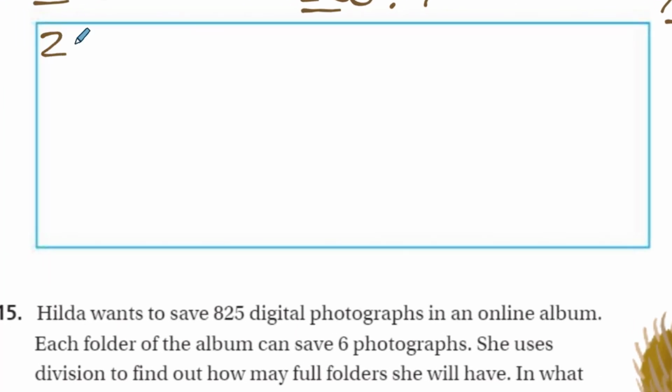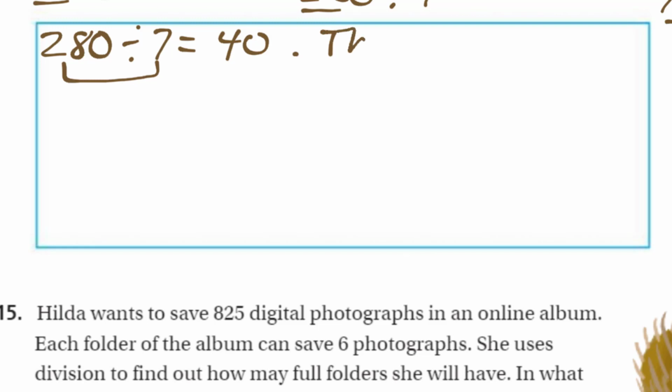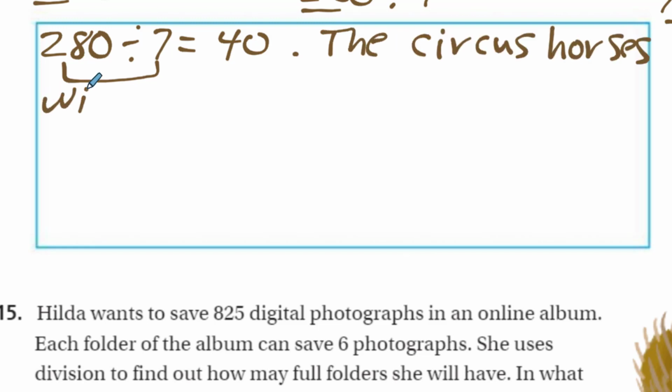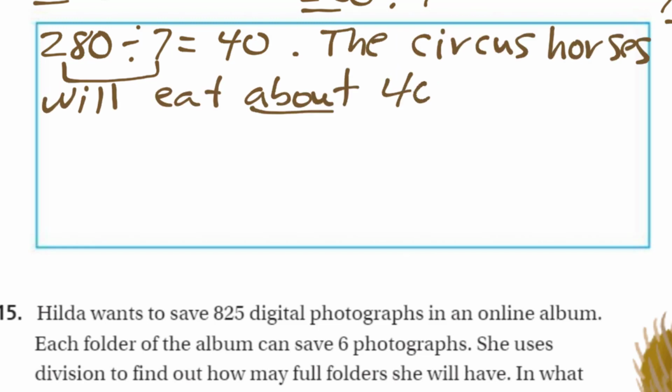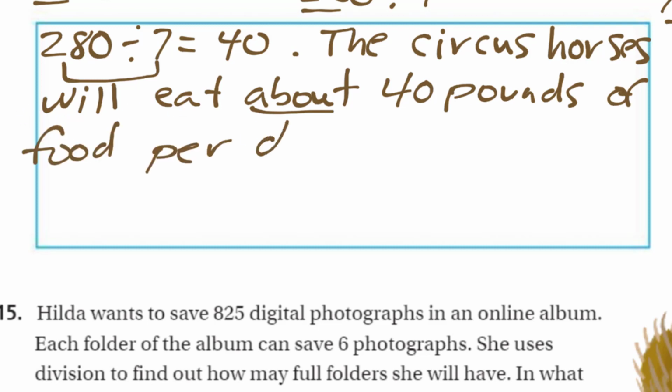If you were to take 280 and divide it by 7, you would get your basic fact, which is 4, plus your 1 power of 10 there, which is 40. So 40 pounds per day is what that would be. So I would say the circus horses will eat about 40 pounds of food per day or daily. Wow, 40 pounds. Goodness, that is a lot of food.